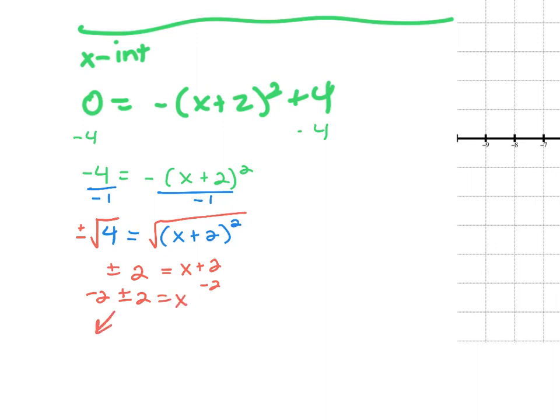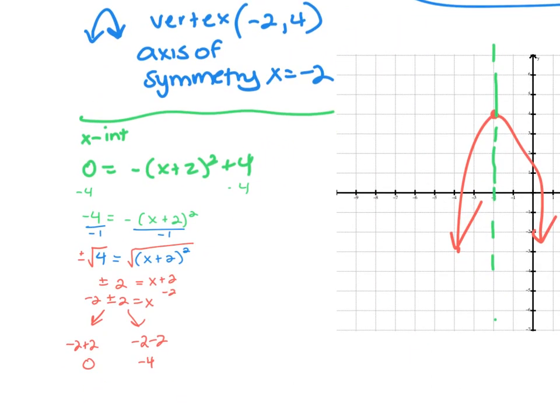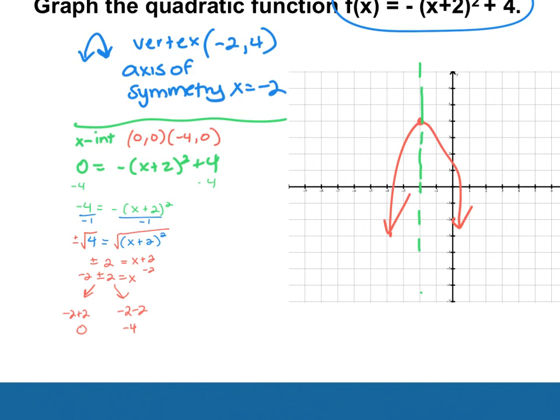So I have two answers here. Negative 2 plus 2, negative 2 minus 2. Or 0 and negative 4. So now I already have more information.